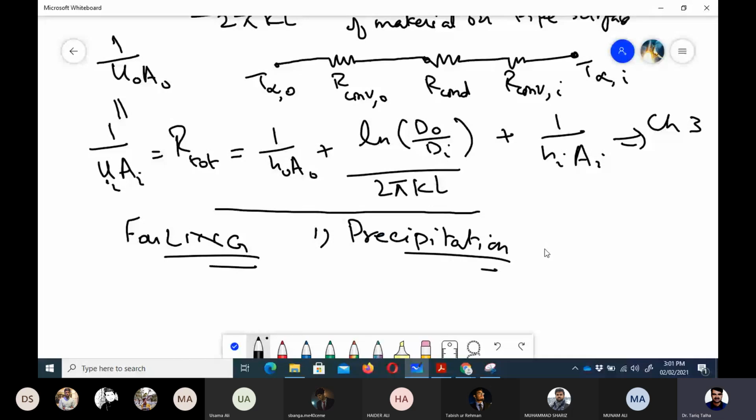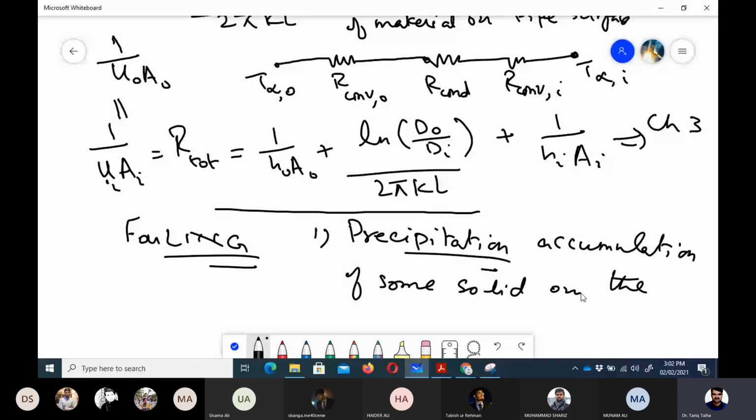It is the accumulation of some solid on the pipe surface.